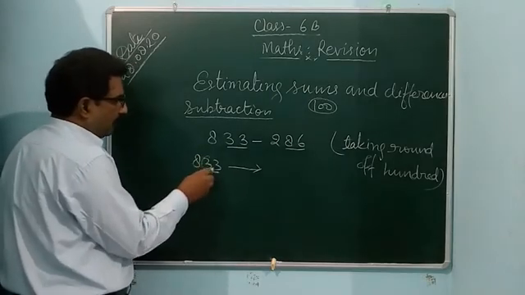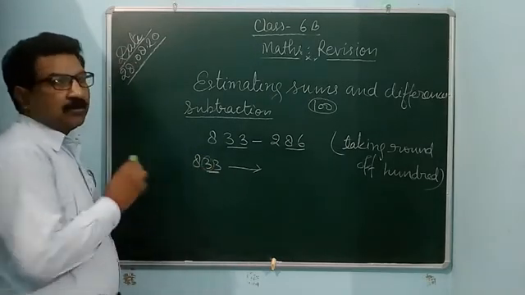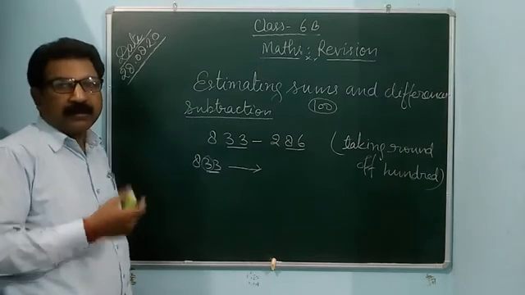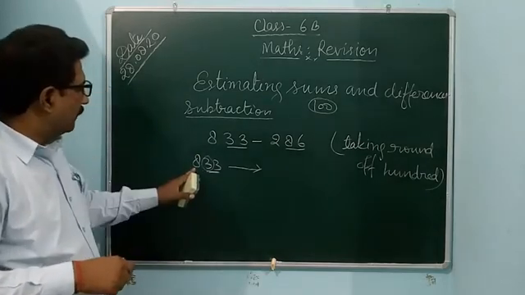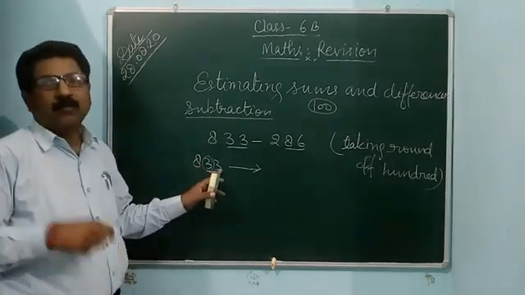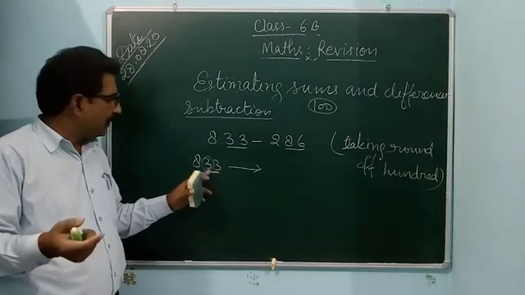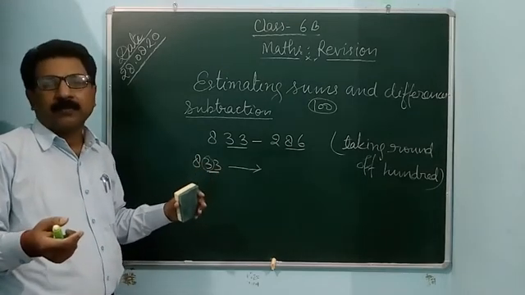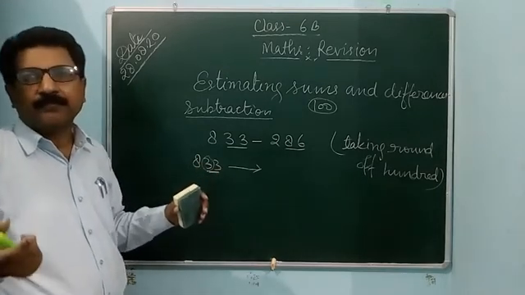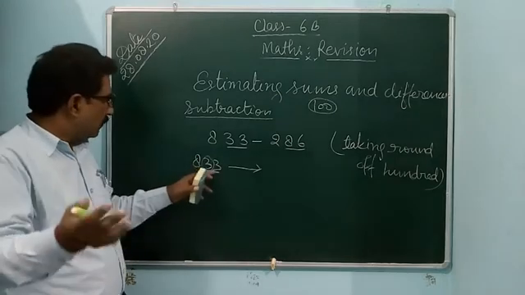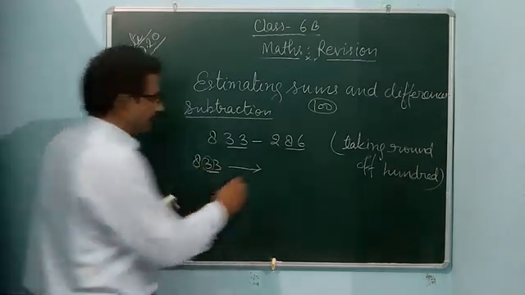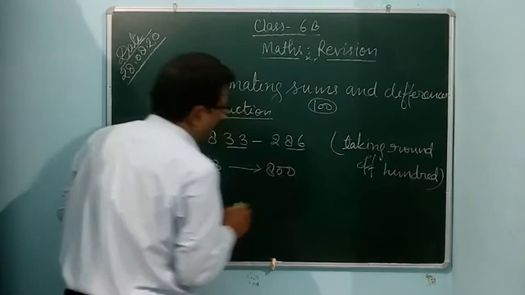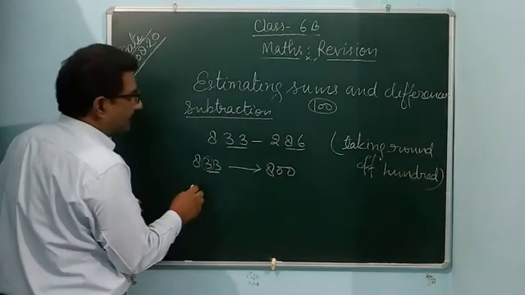This 3 is less than 5. So it will come back to the lesser number, 833, so it will be 800. Also you can say 33 is less than 50. 33 is less than 50. So just come back to the number as 800 value.